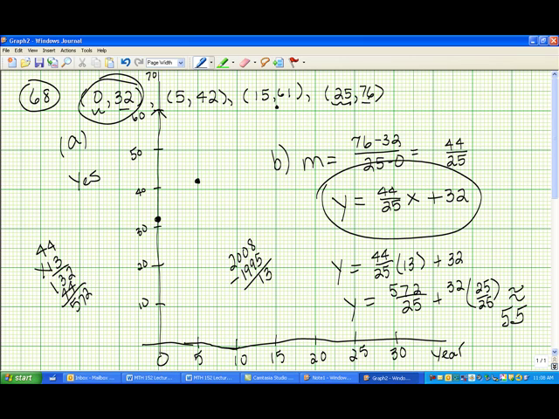So for 2008, we would guesstimate approximately 55,000 metric tons of waste in that particular year. So we do have to look at the units that are given in the problem. So that's what the linear modeling is all about.